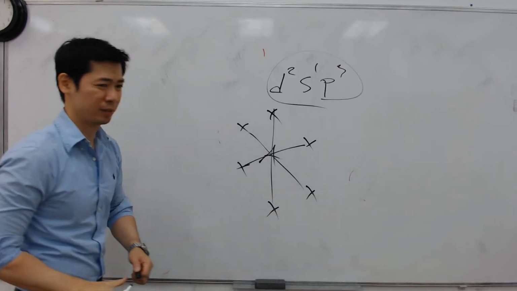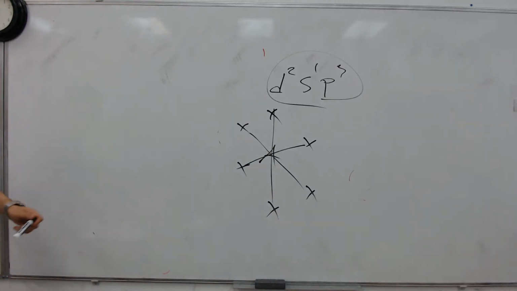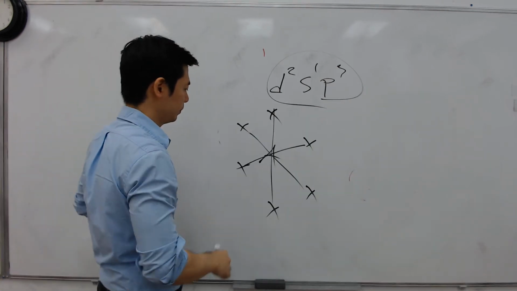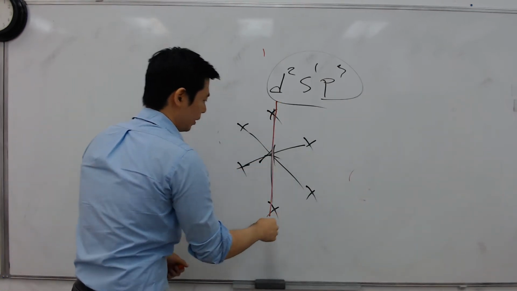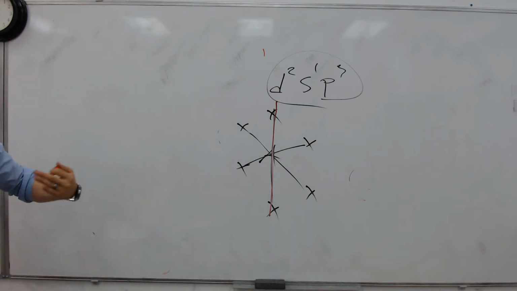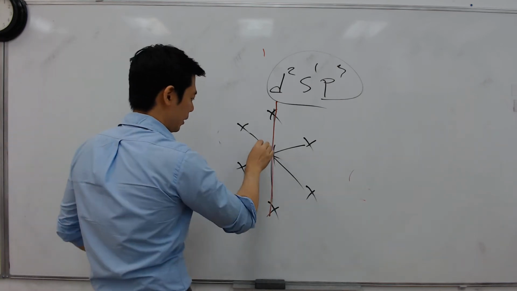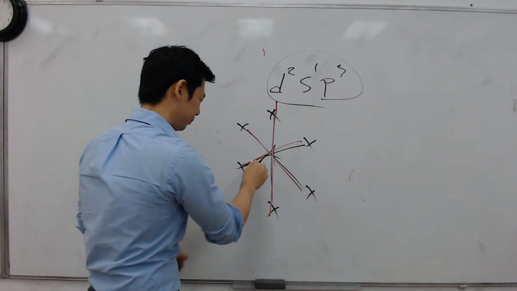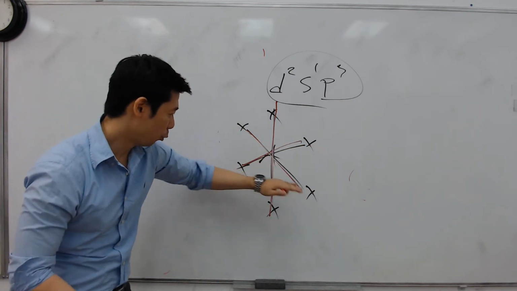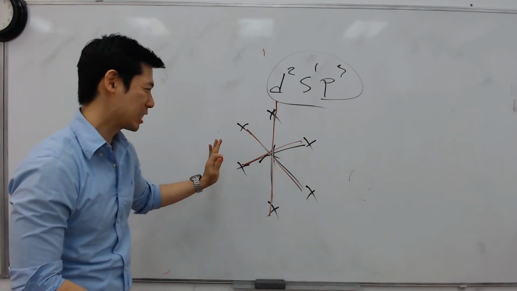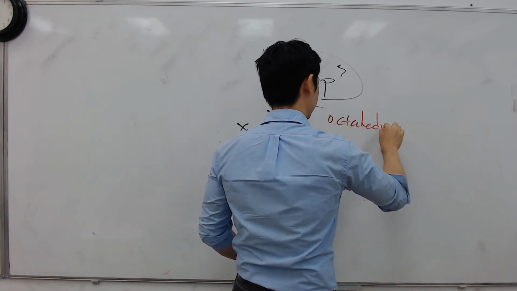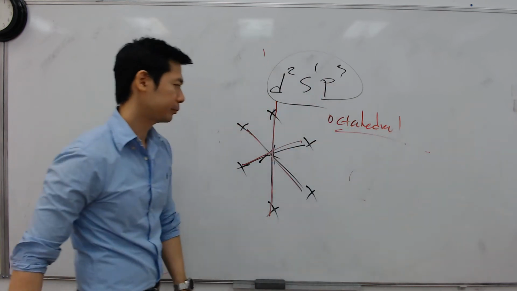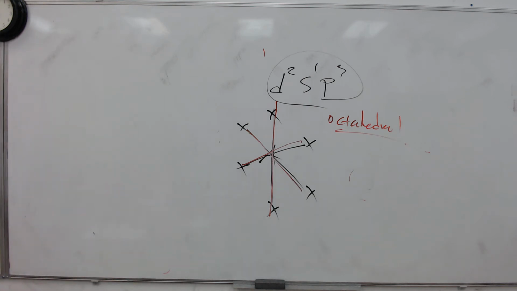Similar to before, there is an axial line running from top to bottom, similar to the trigonal bipyramid, and four of them on the plane level. So this is called octahedral.